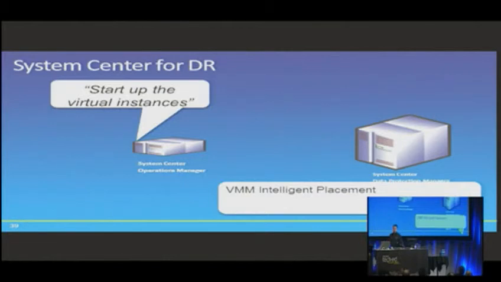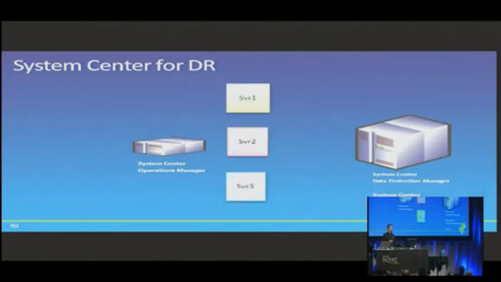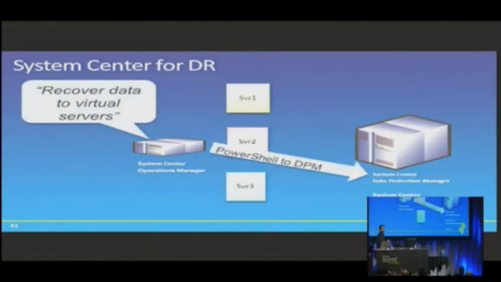Then after that, you're going to need to bring the data online. So now I've got VMs, so the registry's there, the machines match, pretty much identical. The only difference is they don't have any data. So now we have to go get the data out of them as well. And of course, DPM, just like VMM, is also PowerShell controllable. Now you've got a couple options. You could tell DPM, hey, just restore the data back. It's already got the agents on it, just start restoring data.